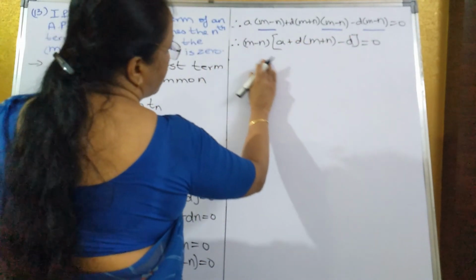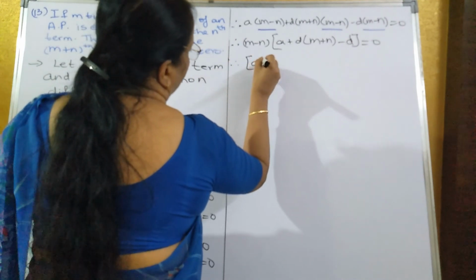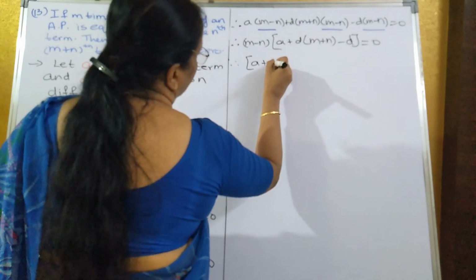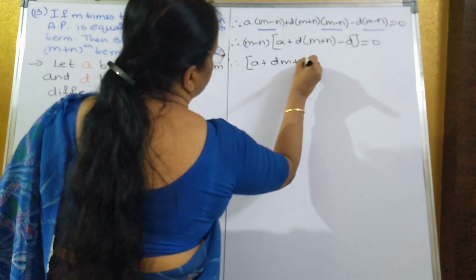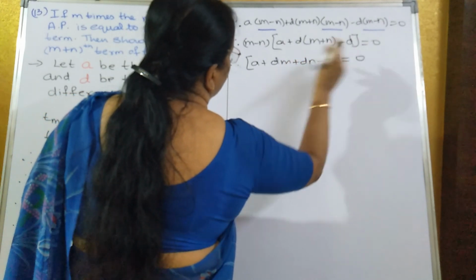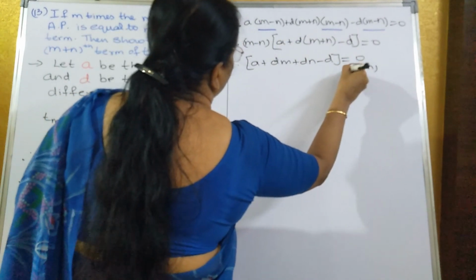Take this (m − n) on this side. So what you will get? A plus, multiply this d with the inside terms. So plus dm plus dn minus d is equal to 0 upon (m − n). Now 0 upon anything is what? 0.